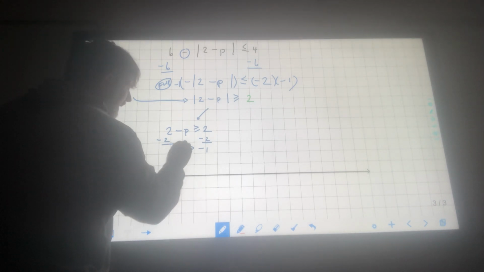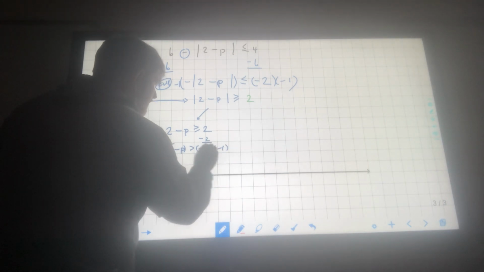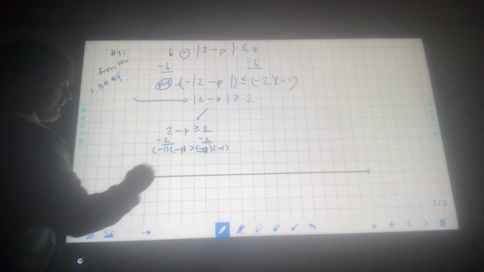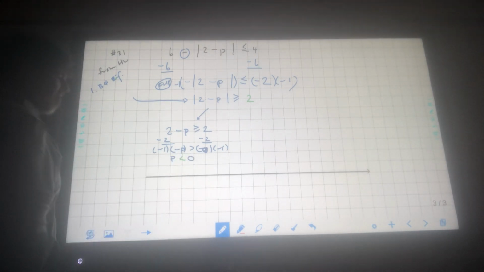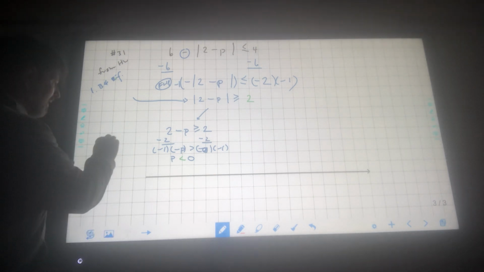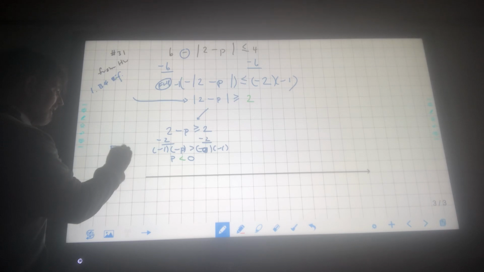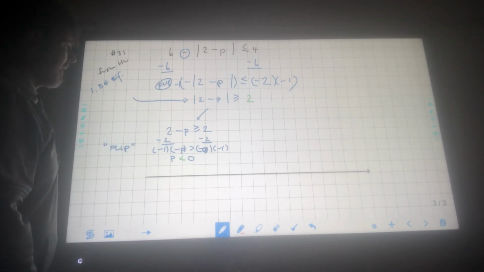Multiply both sides by negative 1, and I get p is less than 0. How'd I get that? I had to flip. This is kind of an interesting problem. I had to flip within a flip.